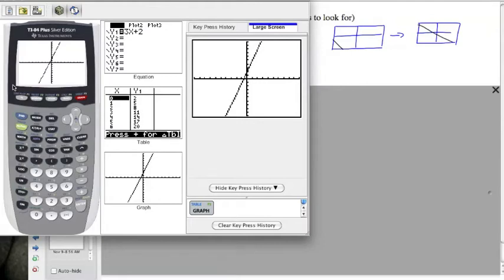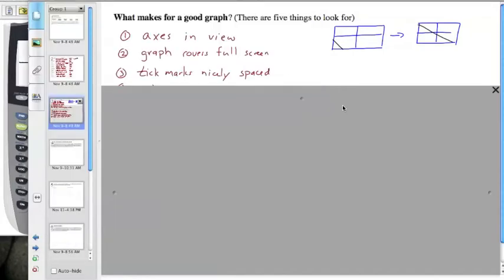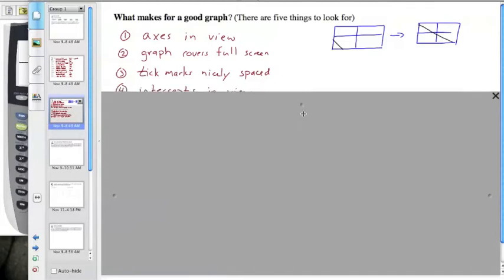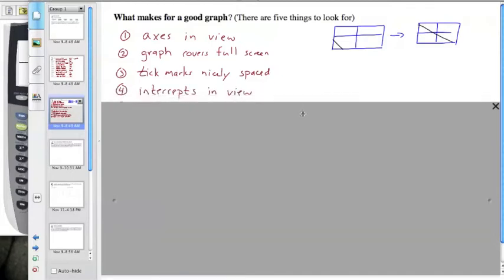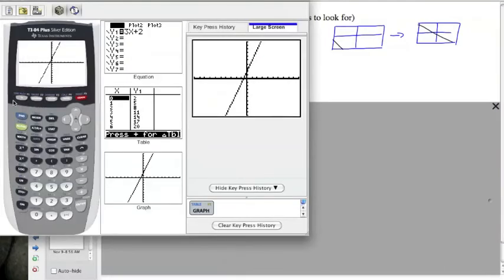We will see examples of how they can get kind of jaggedy, but right now these guys look pretty evenly spaced. So that's good. The next thing we want is our intercepts to be in view. So we want to see where the graph crosses both the y and the x-axis, which with this graph is already there. We can see where it crosses both axes, so that's good.